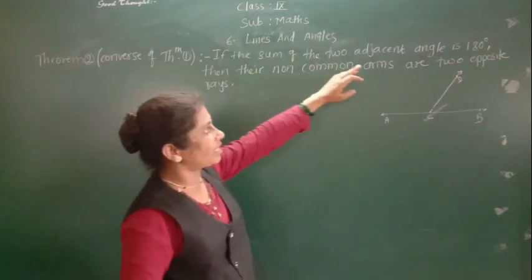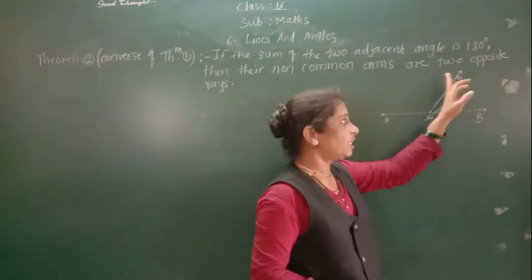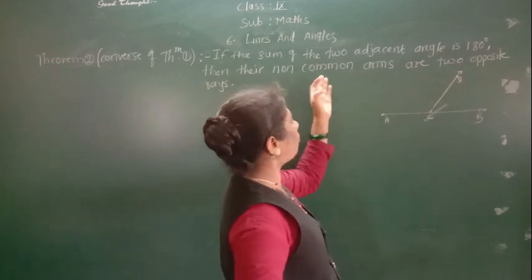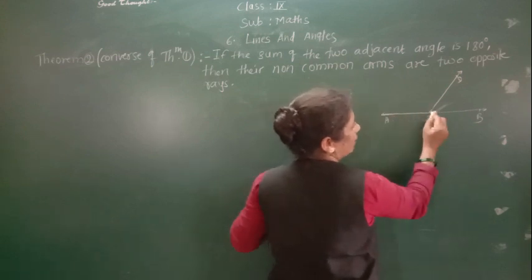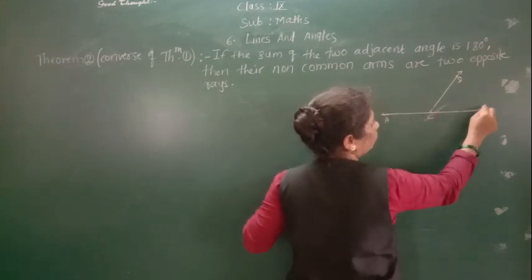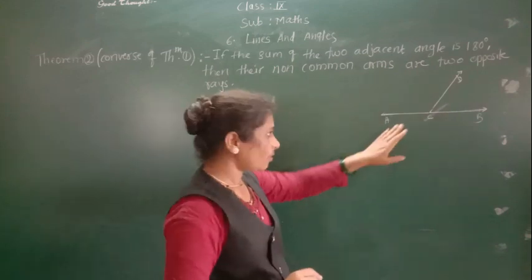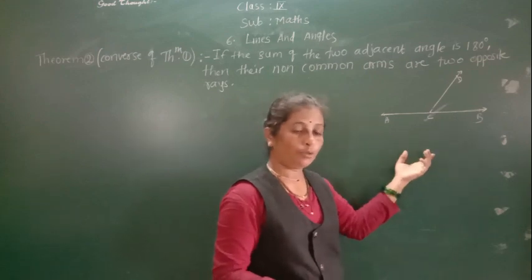If the sum of the two adjacent angles is 180 degrees, so angle ACD plus angle BCD equals 180 degrees, then what do we have to prove? Their non-common arms, which are CA and CB. These two non-common arms are two opposite rays, that we have to prove.